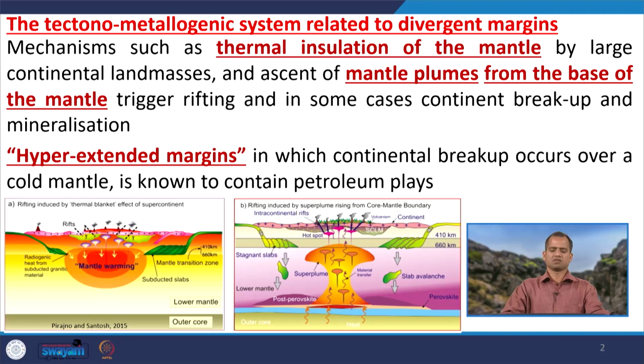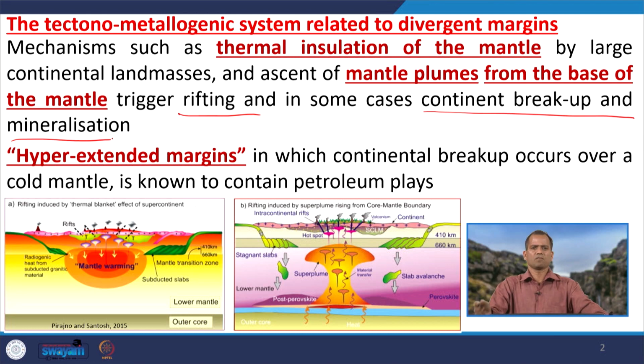In the divergent plate margins, mechanisms such as thermal insulation of the mantle by a large continental landmass and the ascent of mantle plumes from the base of the mantle trigger rifting, and in some cases continental breakup, and allow mineralization. How does it happen?